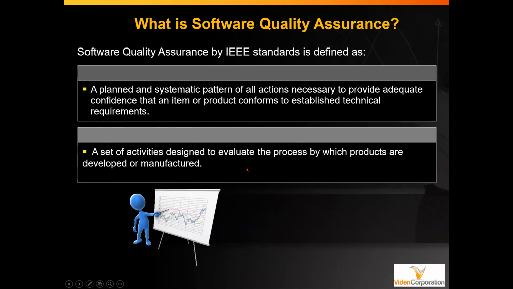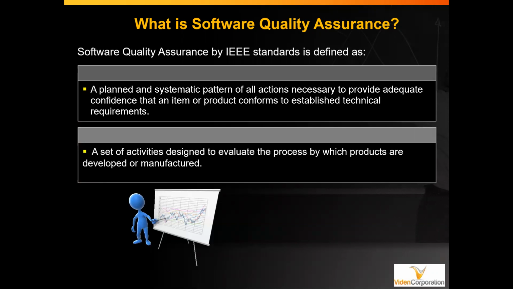Remember how I was explaining to you guys, QA is about process evaluation and defects are about product evaluation, right? And if somebody asks what process you are talking about, it's basically the process by which we develop or manufacture a product.